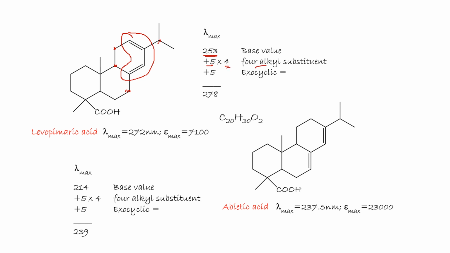We have here this double bond, again an exocyclic double bond, so we add 5. The value is 278, and the observed value is 272.